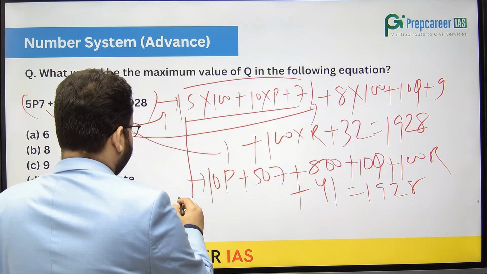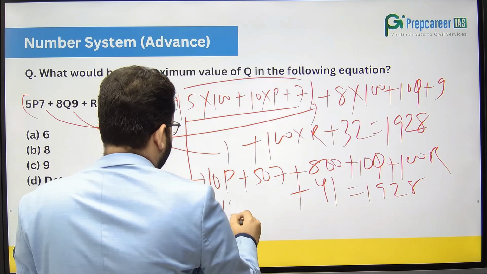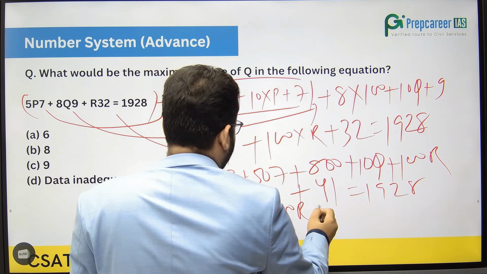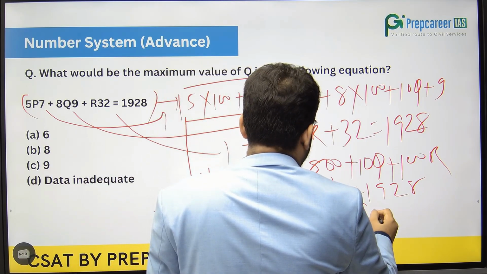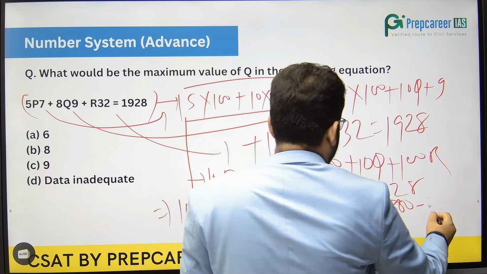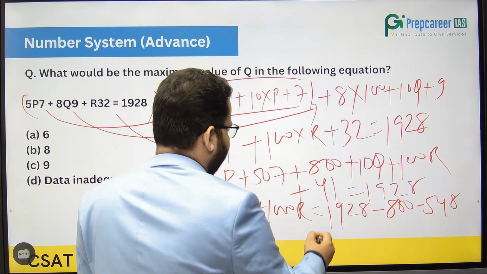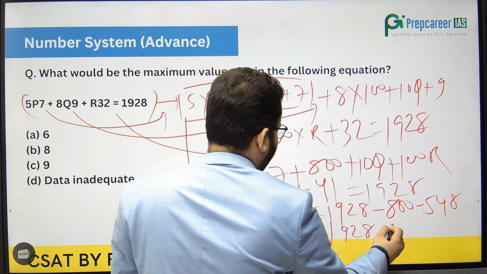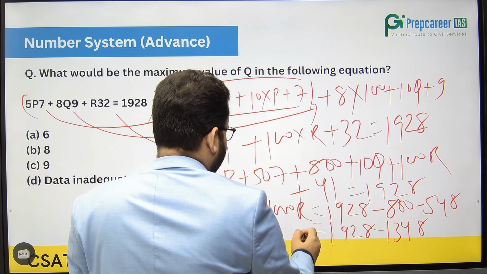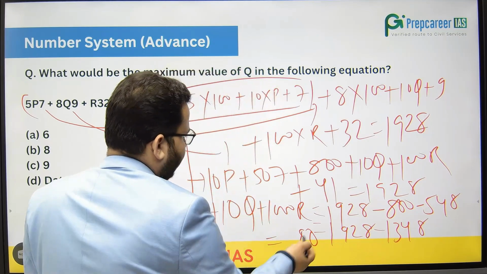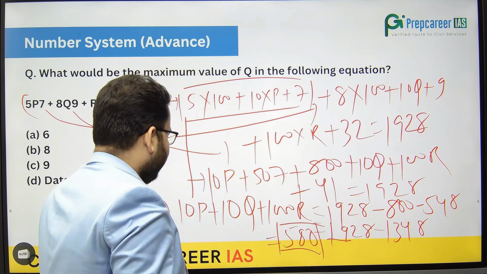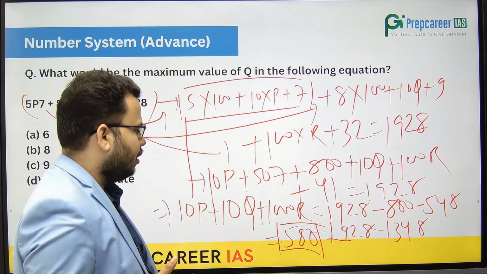Now what do we have? 10P plus 10Q plus 100R equal to 1928 minus 800 minus 548, right? So we will have 1928 minus 1348. What is the final number we are getting here? 0, 8 and 5. So 580 will be the right hand side of this equation.